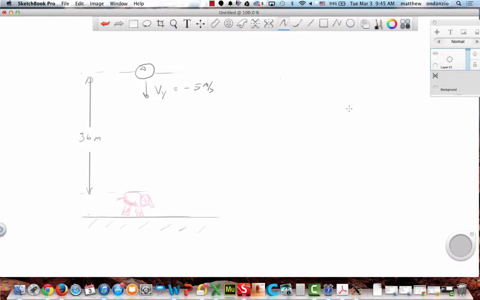What are you asking for, Jim? I want to know how long the elephant has to get out of the way. Okay. What is my delta t for safety?